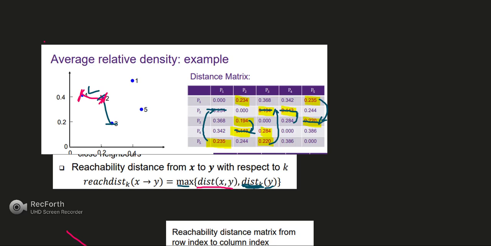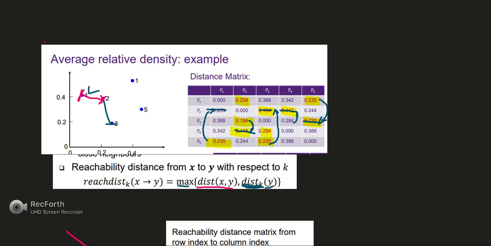And what we're going to do to take the reachability distance is take the maximum of the distance between 4 and 2, or the k nearest neighbors of 2, which happens to be 3. So we're going to take the distance between 2 and 3. Now that is the maximum distance, so that is what becomes that distance.